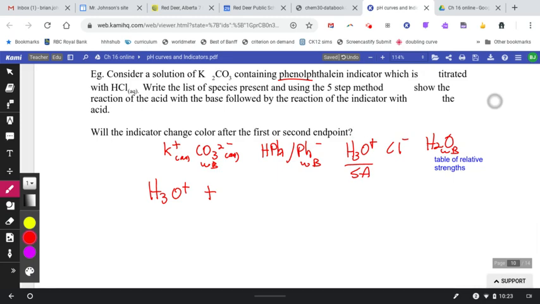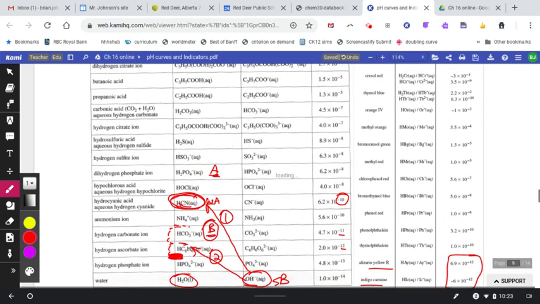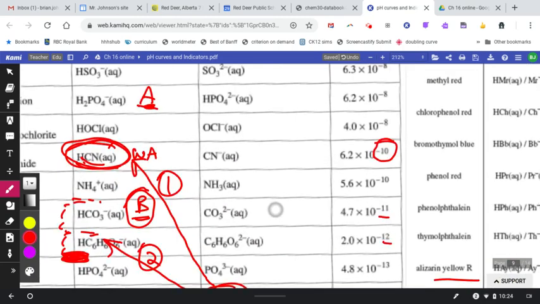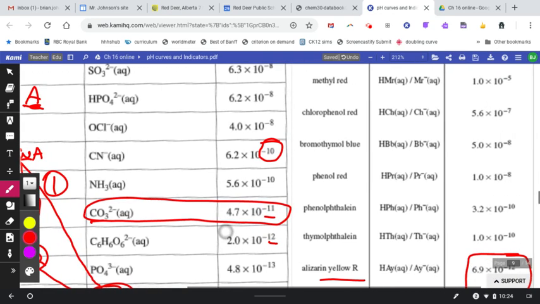CO3 2- or Ph minus. CO3 2- is right here, and Ph minus is right there. So CO3 is negative 11, and this is to the negative 10. So phenolphthalein would sit right here.